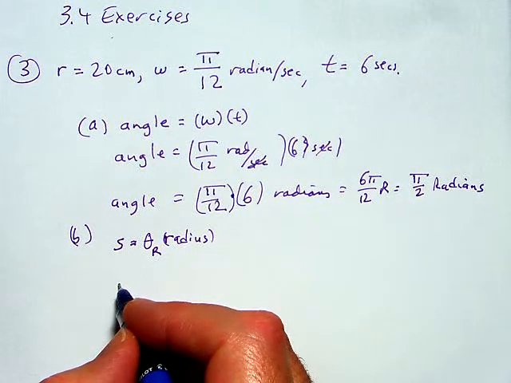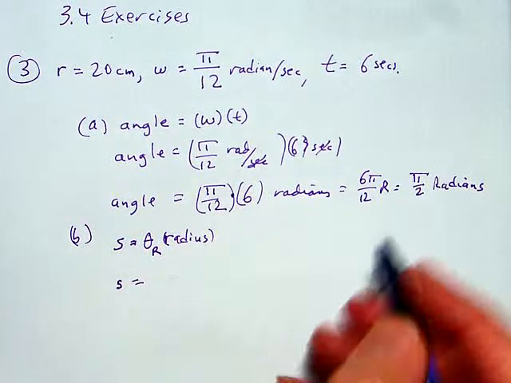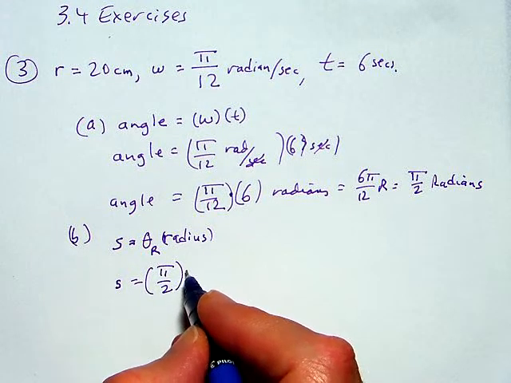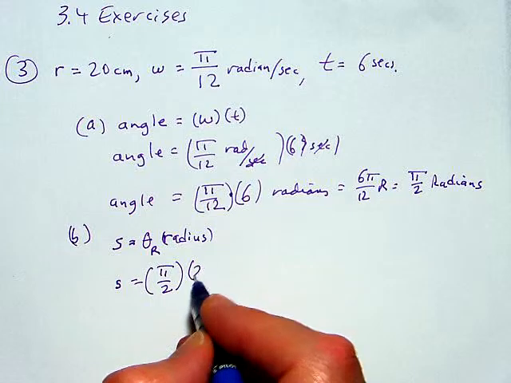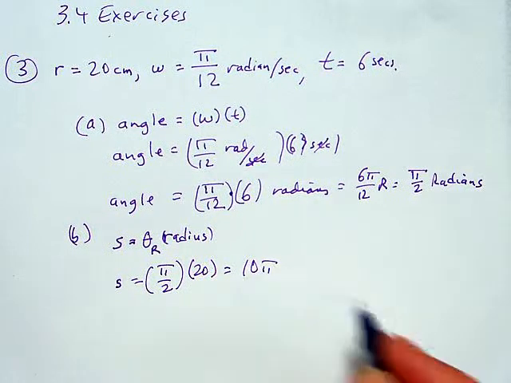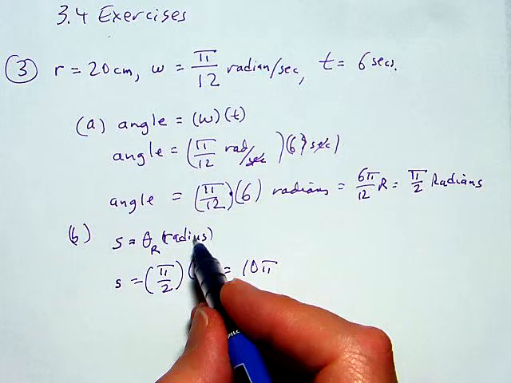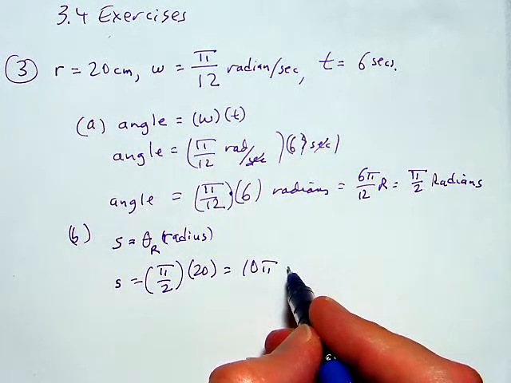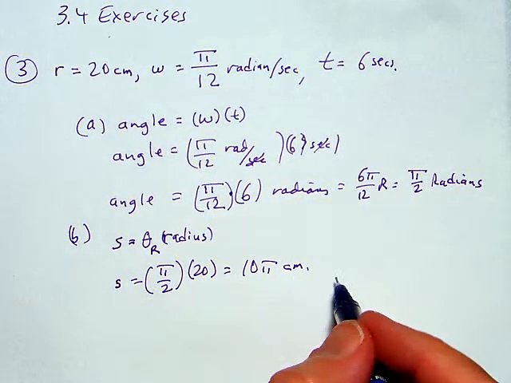So we can now figure out s directly by taking pi over 2 radians times a radius of 20, and that will give us 10 pi. In this case, our unit for radius is centimeters, so this would be 10 pi centimeters.